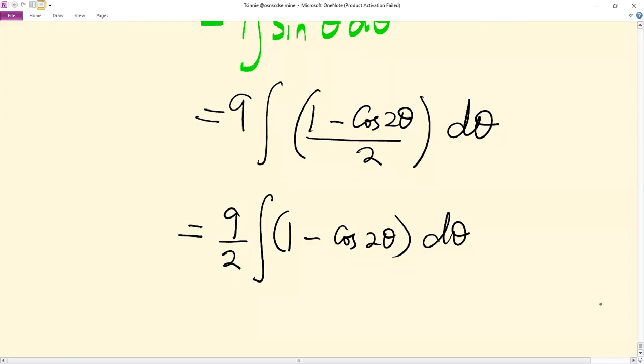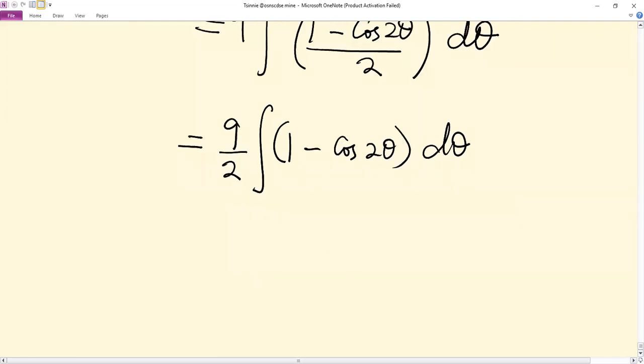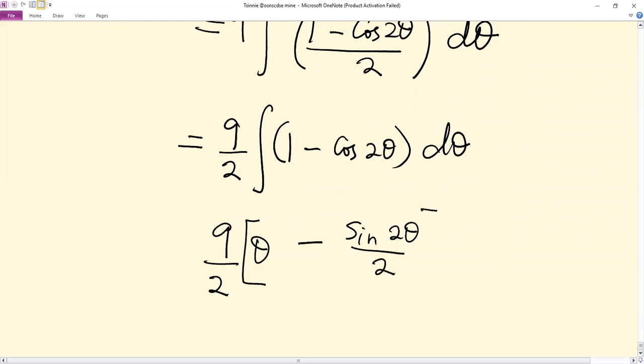And so we'll have 9 over 2 into, this will give us theta. This one here, using the integration by substitution method, will give us minus sine of 2 theta divided by 2. And then we add a constant c of integration.